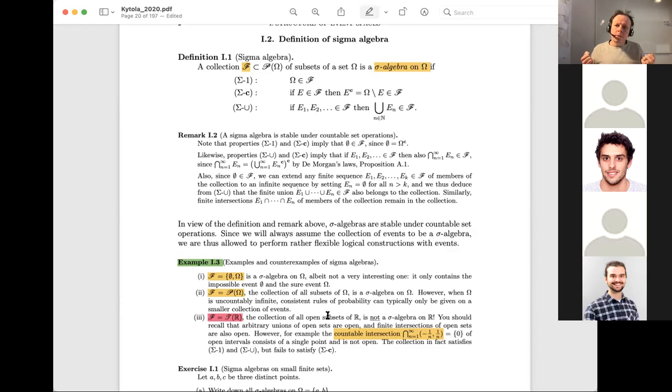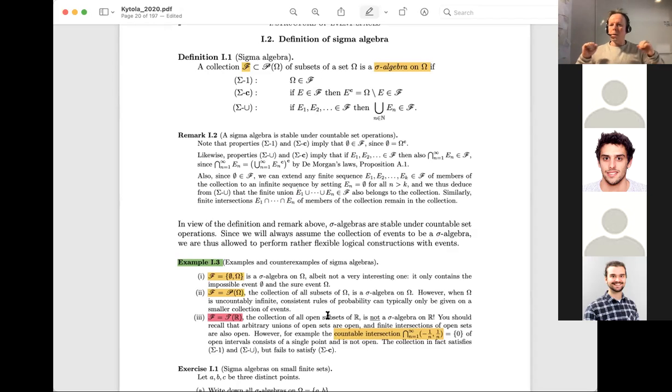So what to do is that we need to increase the collection to something bigger that contains the open sets, but something big enough so that it's stable under the intersections and unions as we want.